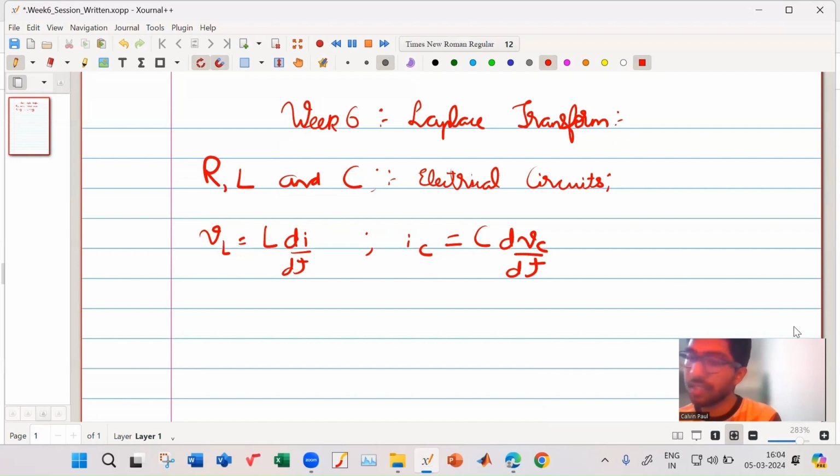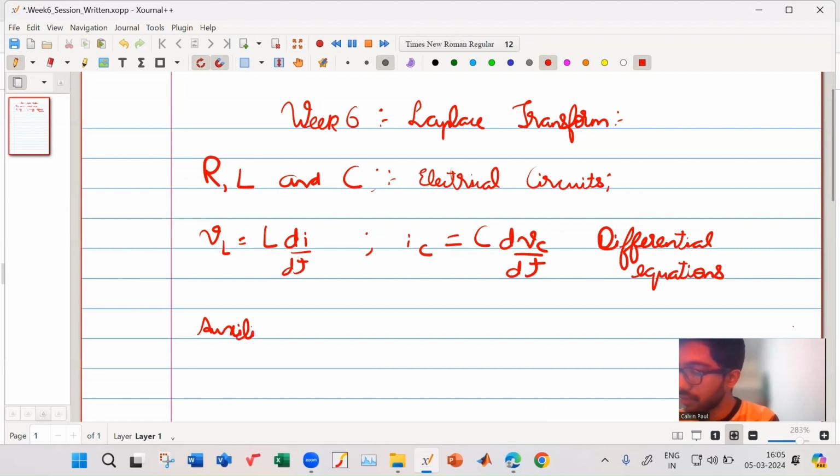So there are these various relations between the voltage and current for these energy storing elements, and these result in what are known as differential equations. So when solving differential equations for our electrical circuits, we need to find what is known as the auxiliary equation. Then we have to find the solution of the auxiliary equation.